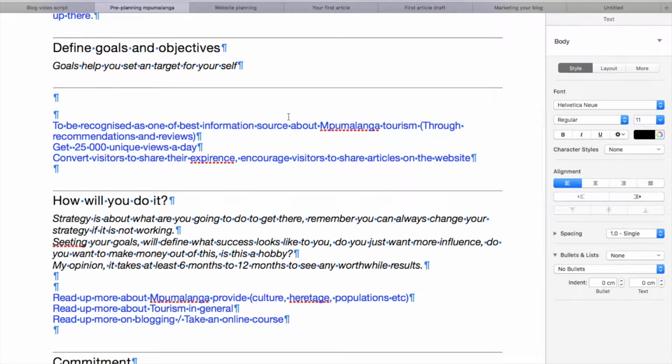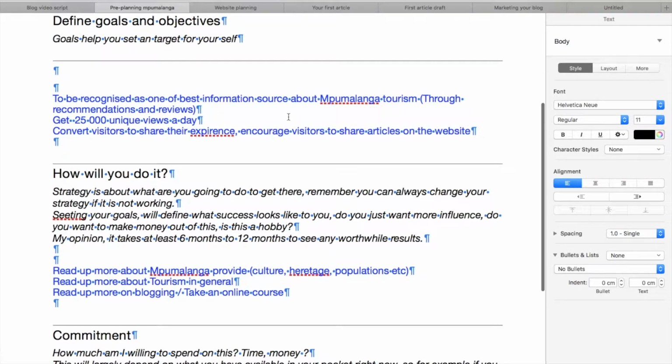For example, for my blog, I want to be recognized as the best information source for Mpumalanga tourism through recommendations and reviews. So your goal must be specific and your goal must sort of be tangible. Don't just say, I want a successful blog. How will you know when your blog is successful?